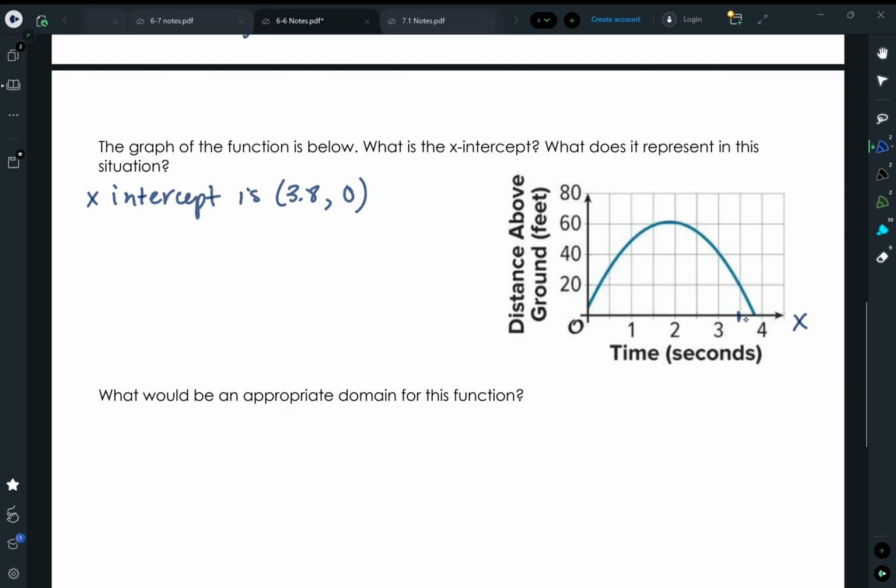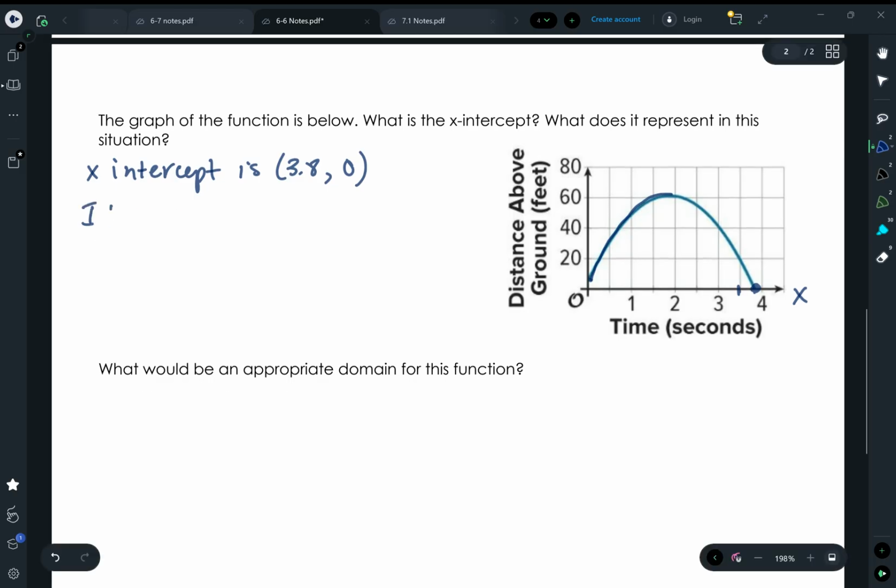So remember, it's that point on my x-axis, so my height is 0. And what does that show? It represents, and if this is projectile motion, it looks like distance above the ground. So it starts off here, it's going up, then it's coming back down. This must be when it hits the ground.